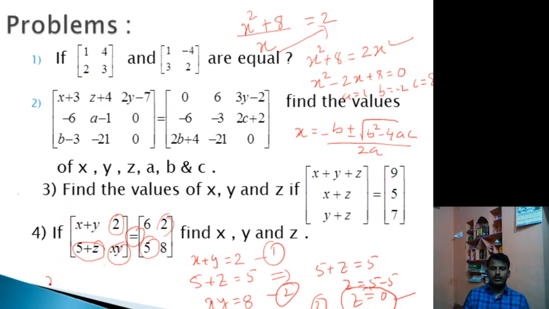Equation number 1, x plus y is equal to 2, x is equal to 2 plus iota root 28 divided by 2, plus y is equal to 2.